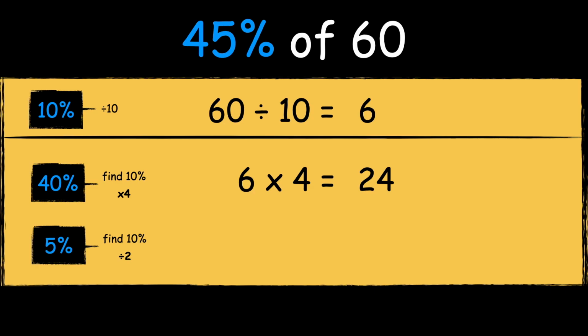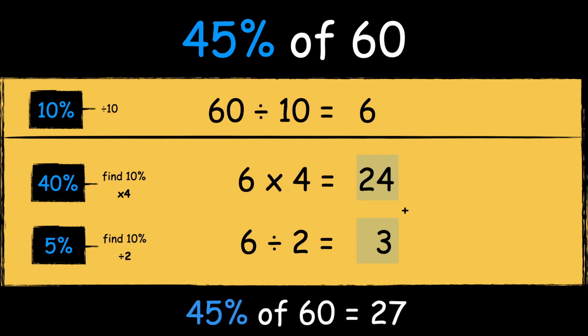Then we need to work out 5% of 60 by dividing the 10% answer by 2. 6 divided by 2 is 3. So now we have found 40% of 60, and we have found 5% of 60. We need to add the answers together to find 45% of 60. 24 add 3 is 27, so 45% of 60 is 27.